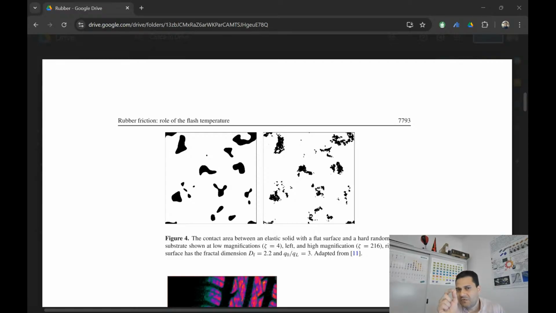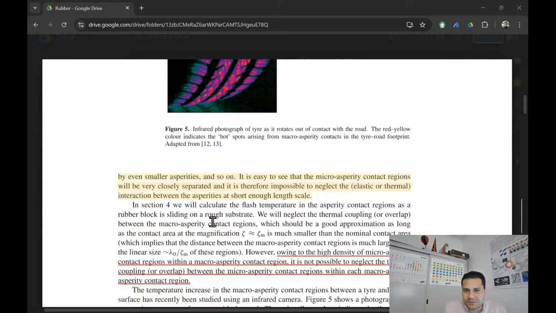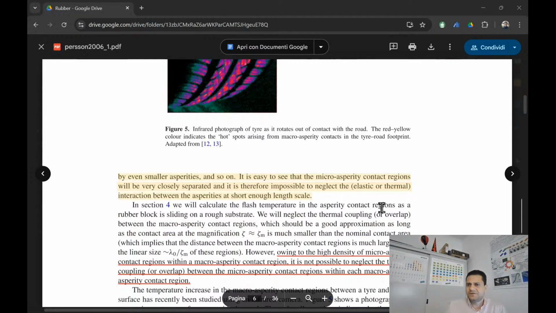And these micro roughness are close enough to the other asperities such that when in contact with the rubber, each asperity will interact with the effects of the other asperities and so on. So when you need the flash temperature, okay.